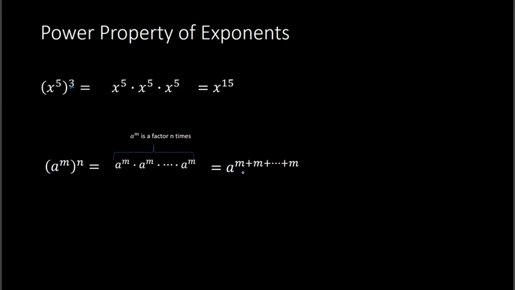When I add them together, I get m plus m plus m, and I keep going. If I keep going for n terms, we have m times n as the exponent. That's very complicated to understand if you don't quite comprehend. It's not a huge deal as long as you know how to use the property. The property, bottom line, if you have a power to a power, you multiply the exponents.